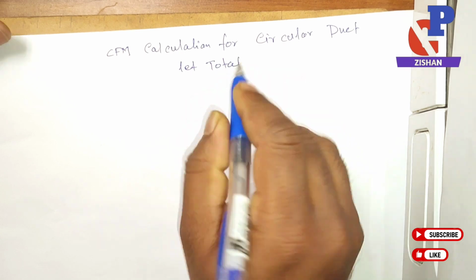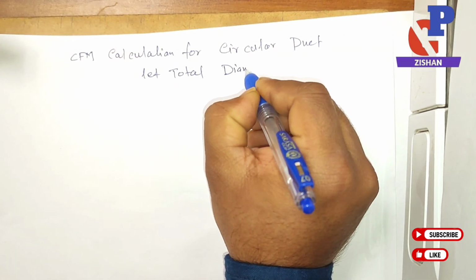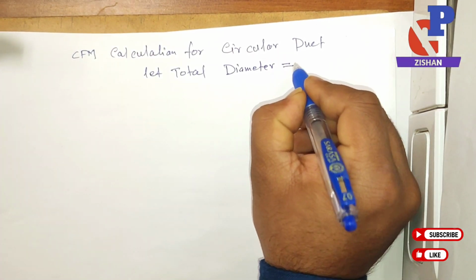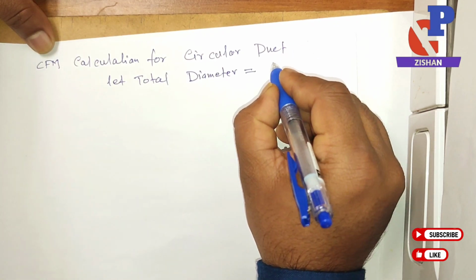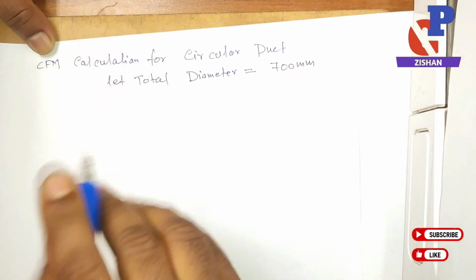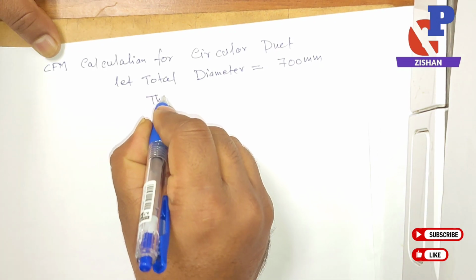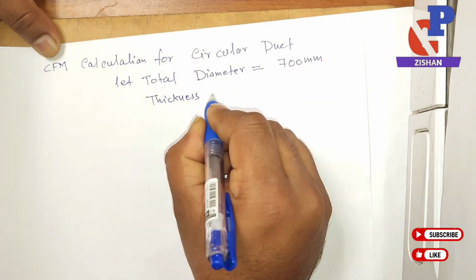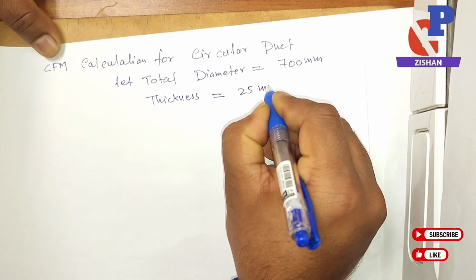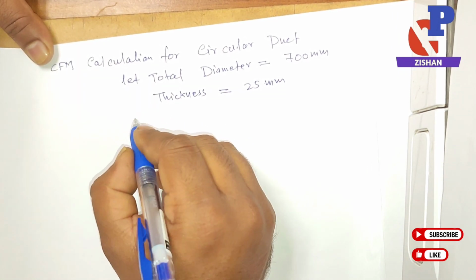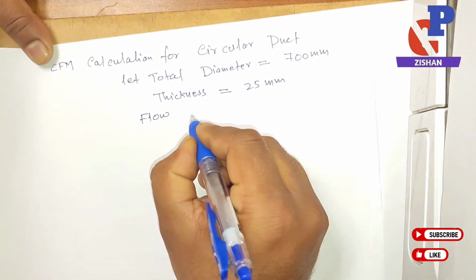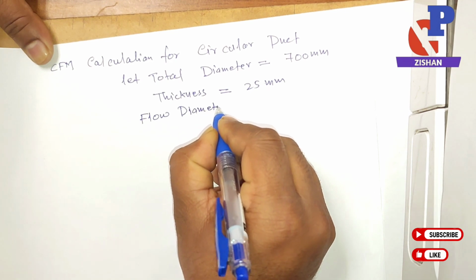Suppose the total diameter of the duct is 700 mm. This is just one example. Suppose the thickness is 25 mm on one side. Inside the duct, how much diameter is there?